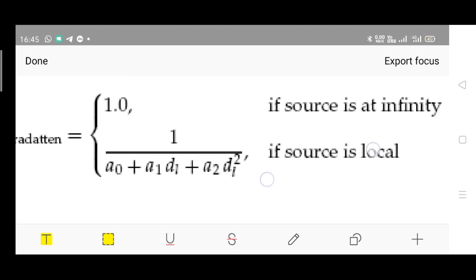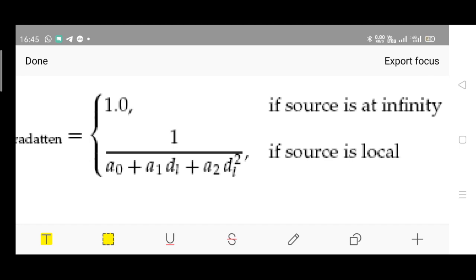That is for local light sources, wherever the distance between the light source and object is finite, say 1 meter, 2 meter, 5 meter, 10 meter, whatever it is. In those cases you can calculate the intensity of illumination, right?